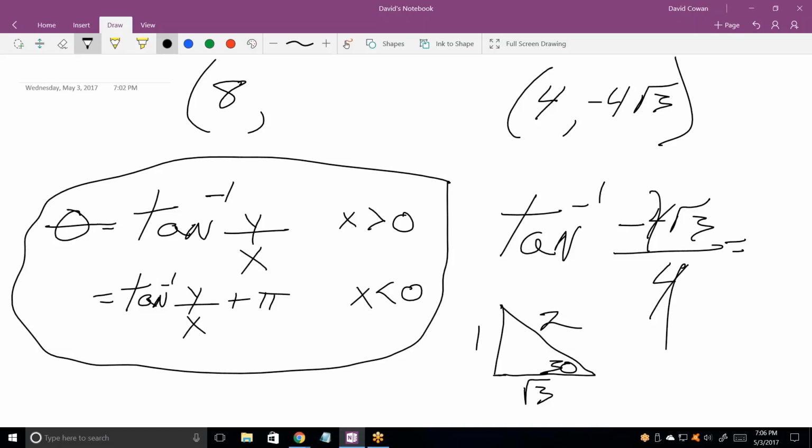So whenever you're dealing with a root 3, you're generally dealing with a 30-60 degree angle, one or the other. The 45 degree angles involve 1 over root 2. So when you see a root 3 in an argument, we're probably looking for a 60 degree angle.